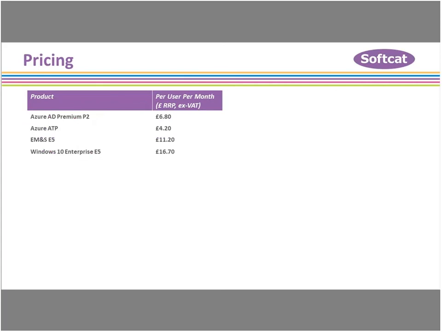In terms of Azure AD Premium Plan 2, £6.80 per user per month. Azure ATP at £4.20, as a standalone service, or of course, as we were saying, that appears in EM&S E5 at £11.20, and then Windows Enterprise E5 at £16.70. These are all per user per month, ex VAT prices.